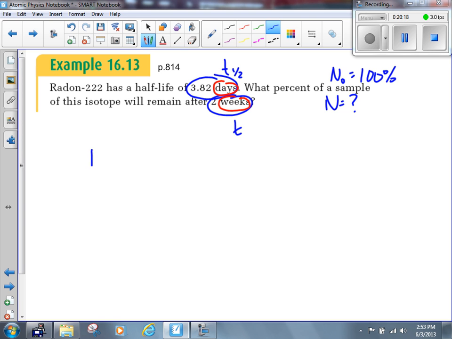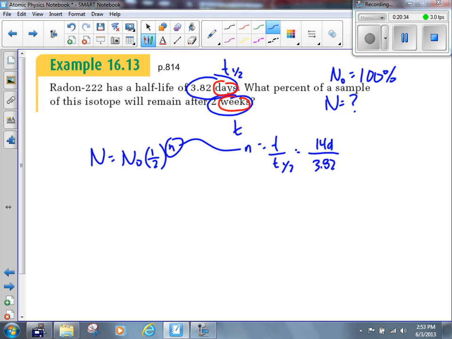All right, N is equal to N sub 0 times 1/2 to the little n. We know that n is equal to t over t1/2. Let's say t is 14 days as opposed to 2 weeks, and t1/2 is 3.82 days. That gives me 3.6649 half-lives. Now, we plug that into this expression, 100 times 1/2 to the 3.6649.